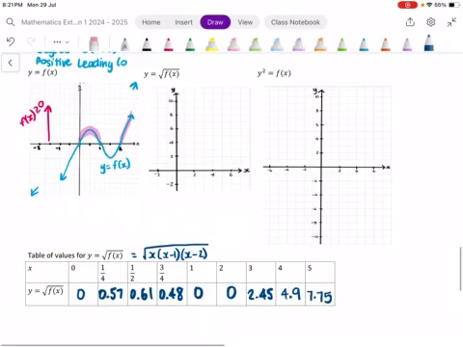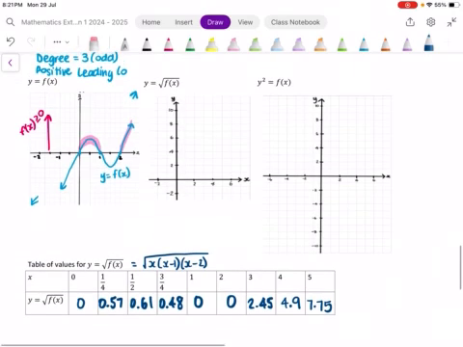So to sketch just the positive version, y equals the positive square root of f(x), we now have some key points, 0, which are our intercepts. We have that it goes up to 0.6. Well, probably a bit lower than that since that's at 1. We have that at 3, it is at 2.45.